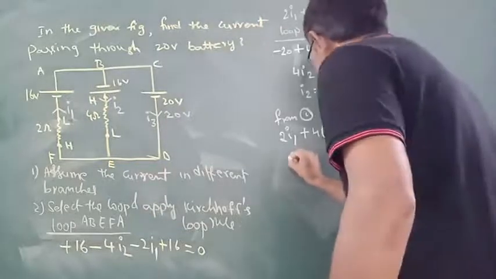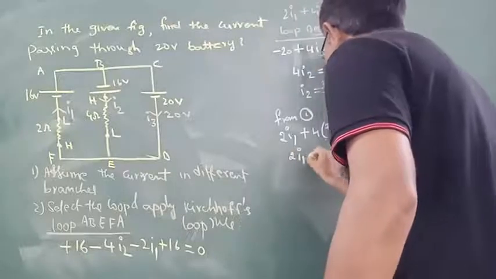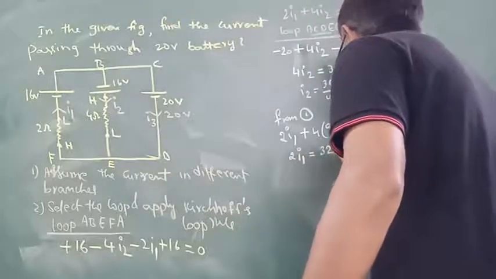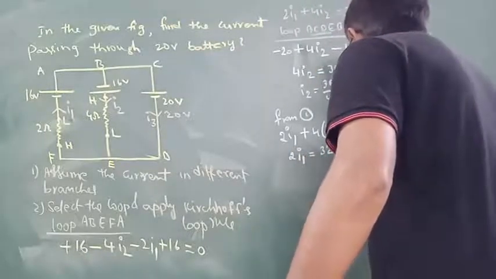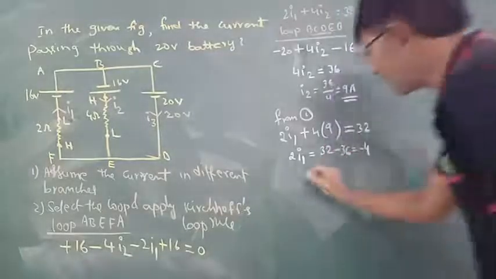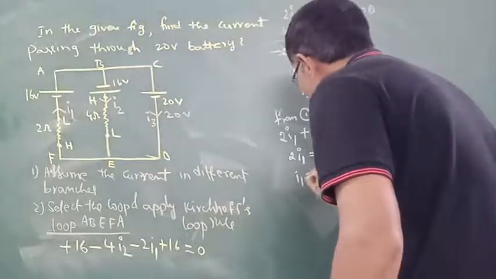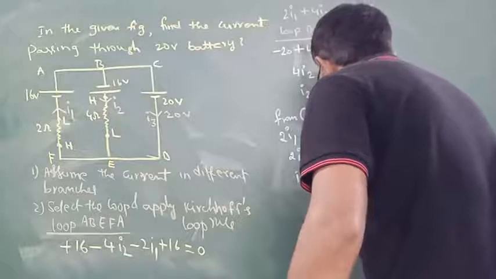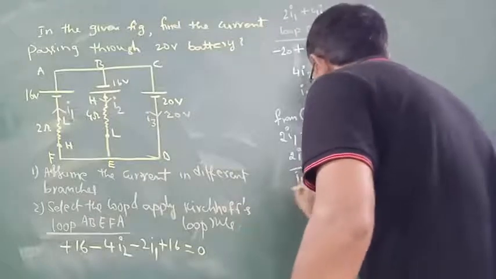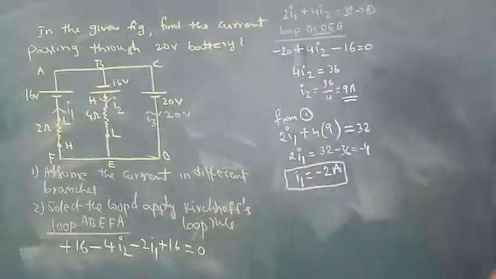So 2I1 is equal to 32 minus 36, that is minus 4. I1 is equal to minus 2 ampere.